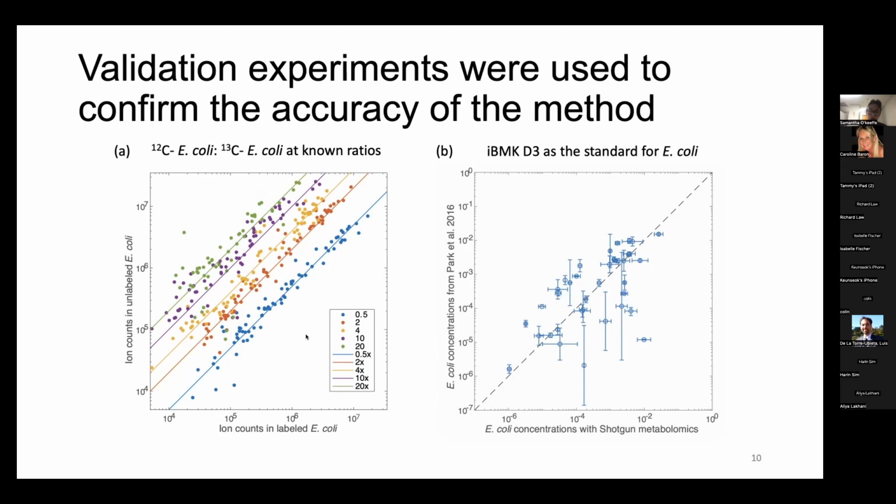It's still around the line of unity, but there's a lot more deviation, particularly in the metabolites where the concentrations from 2016 had higher errors. So with this in mind, we decided to only use IBMK-D3 as a standard for concentrations where we don't have existing data in E. coli and there's no other way to do it. But other than that, we try to rely solely on E. coli.